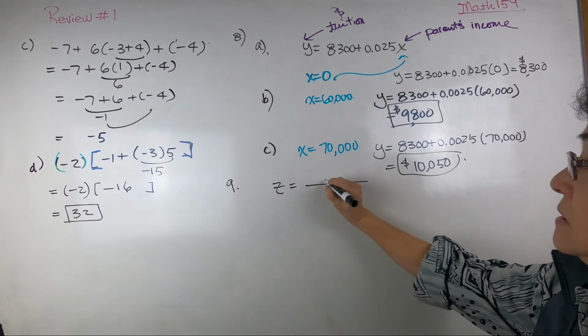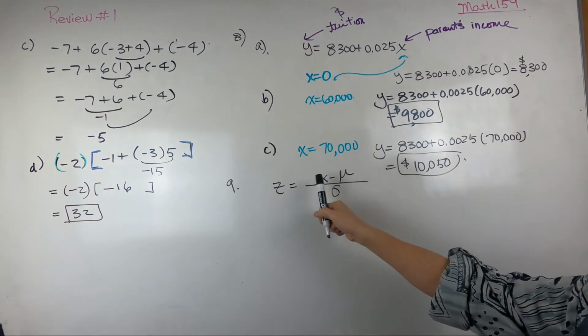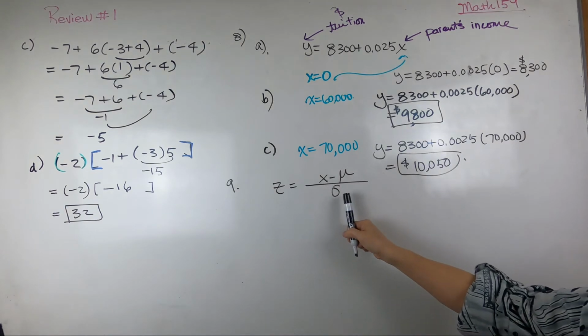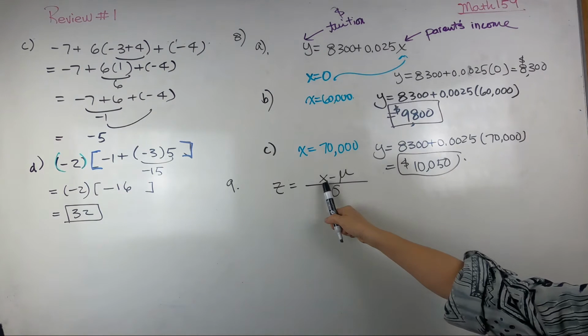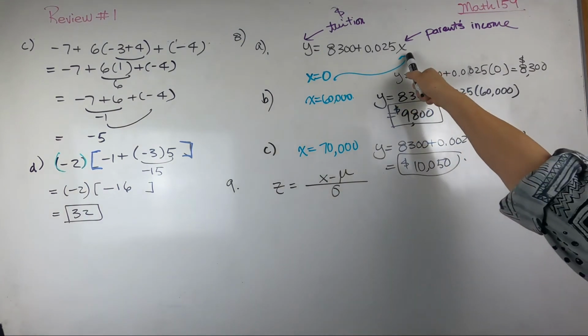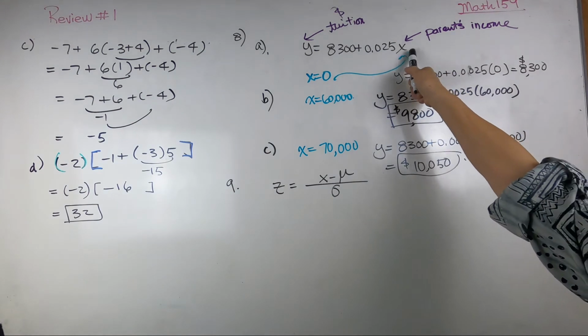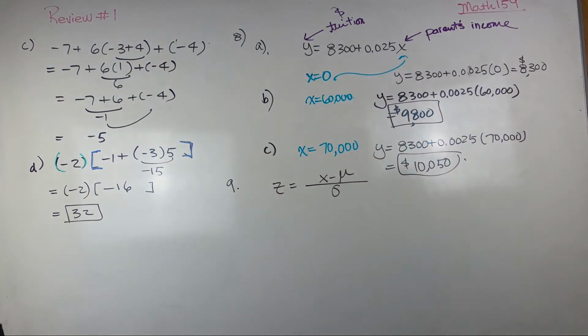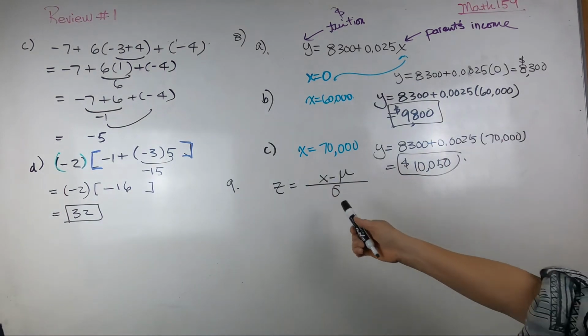You start to learn something called z-score, right? Equals x minus mu over sigma. Remember, x is always your variable. Variable means the things you are working with. That's your reference. Then y is your result. Here, z is your result. X is the one you're working with.